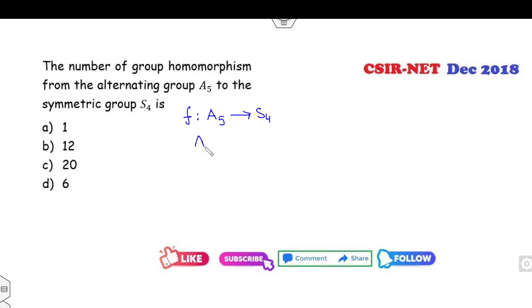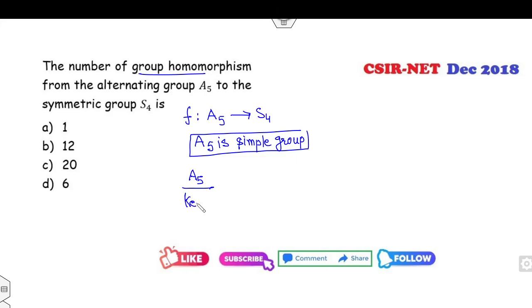First of all, A5 is a simple group. We all know that A_n is simple whenever n is greater than or equal to 5. Because it's a group homomorphism, A5 over the kernel of f is isomorphic to a subgroup of S4. Now if A5 is simple, how many normal subgroups are there? Either the identity or A5 itself.